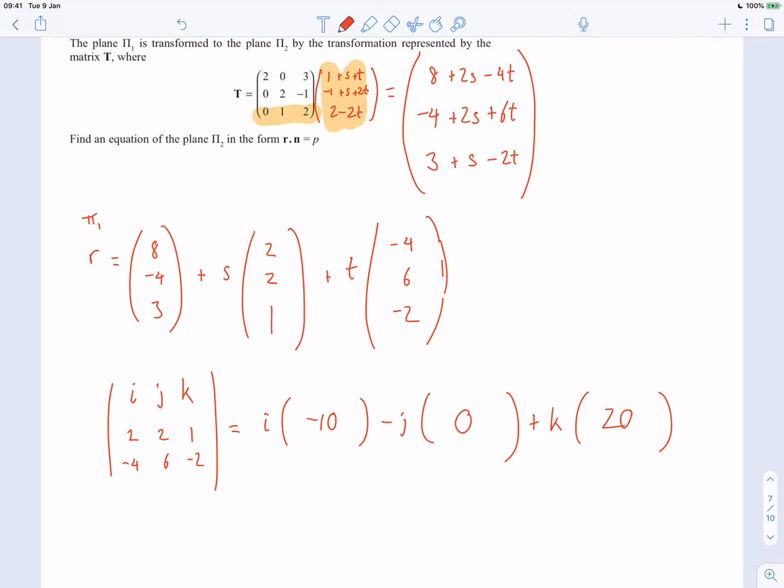Okay, so we've got a perpendicular vector to the plane of minus 10, 0, 20, but it would be equally valid to have, say, minus 1, 0, 2. I can just scale it down.